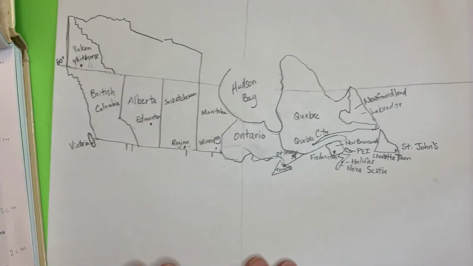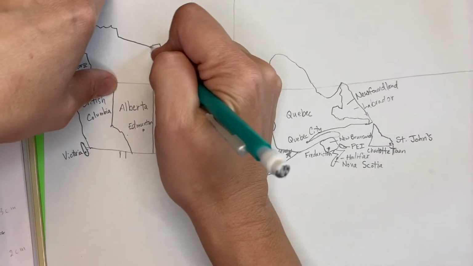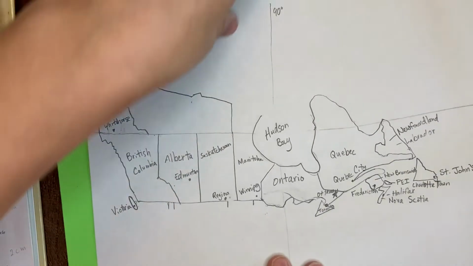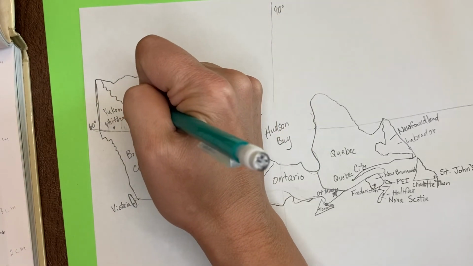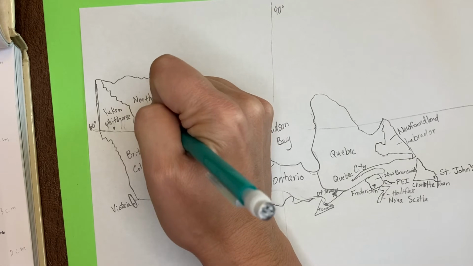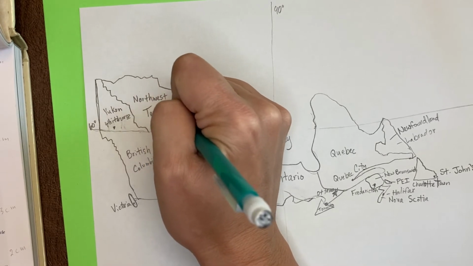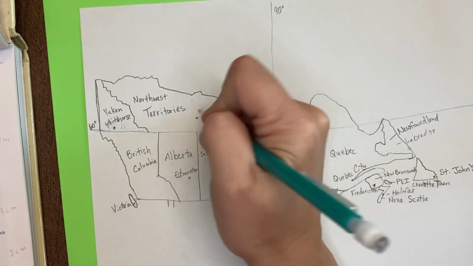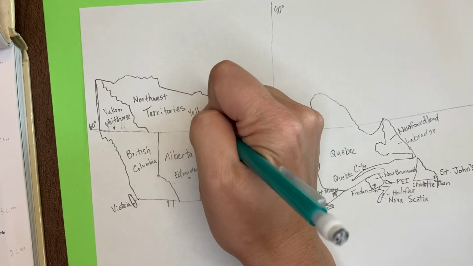Okay. All right. Again, it doesn't need to be perfect because it is a blob map. All right. This is Northwest Territories. Okay, and Yellowknife is the capital.